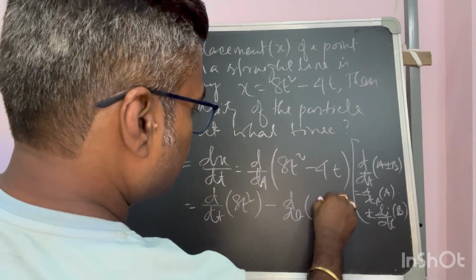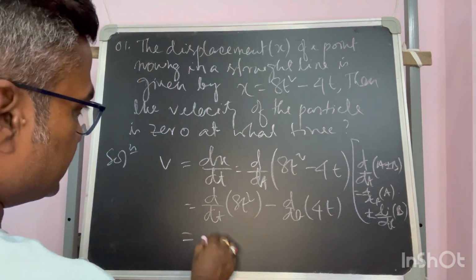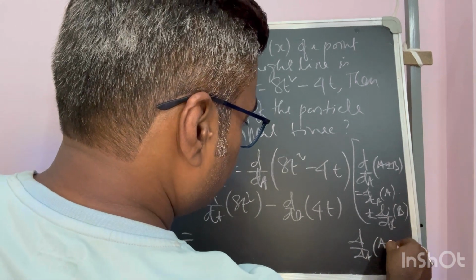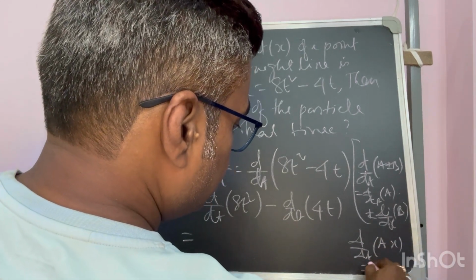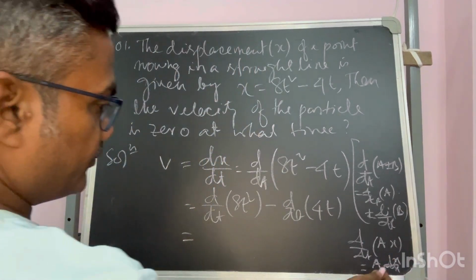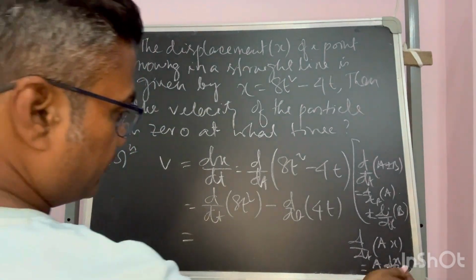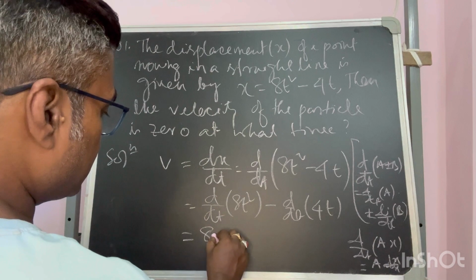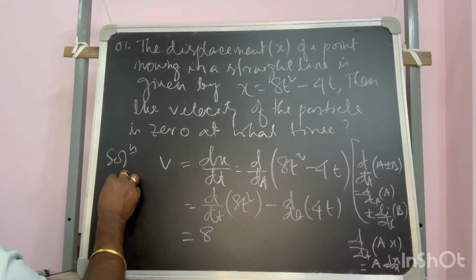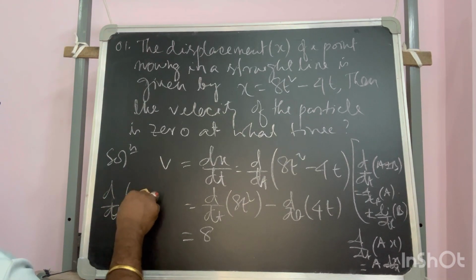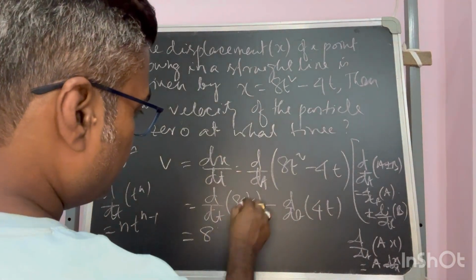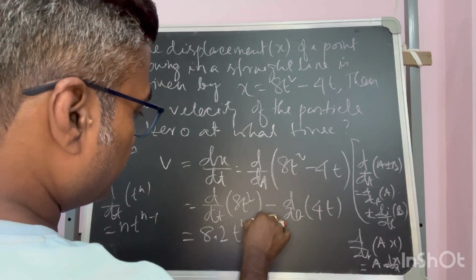Also I said that the derivative of a constant into some function, let's say x, is nothing but the constant into the differentiation of the variable. So 8 can come out, and for t square, as per the formula d/dt of t to the nth power, the result is 8 into 2t to the power 2 minus 1.